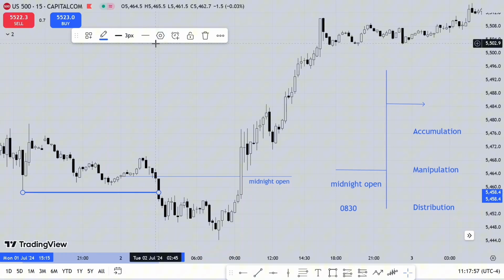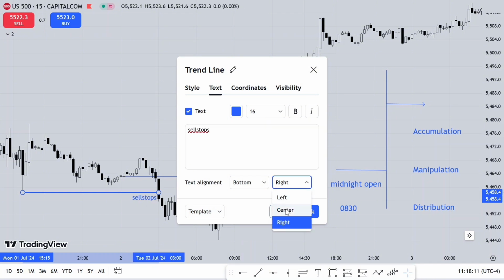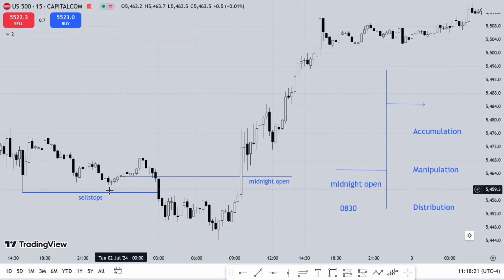Below here you have speculative retail money, and their sell stops will be resting below this level. So they want to go long here. So price will come down to take out their long position here.